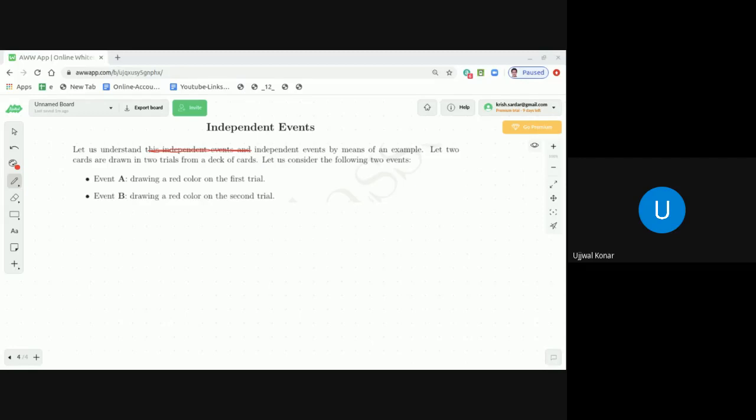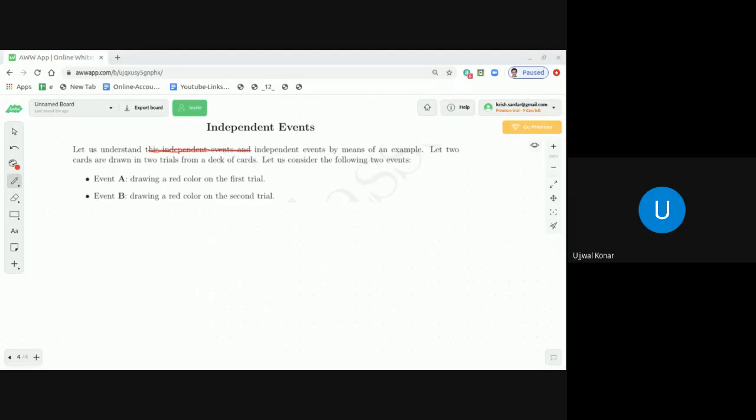But if the two cards are drawn without replacement from a deck of cards, then the event of drawing a red card on the first trial and that of drawing a red in the second trial are not independent, because the occurrence of the red in the second trial is actually influenced by the occurrence of red in the first trial, that is event A.